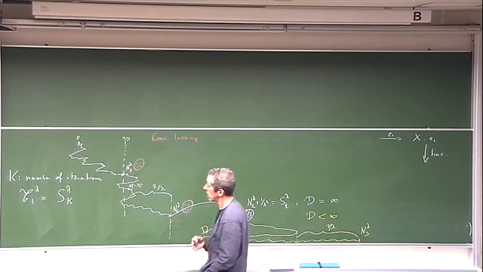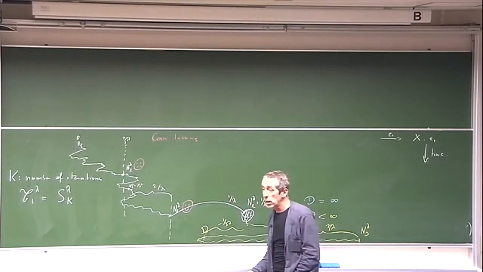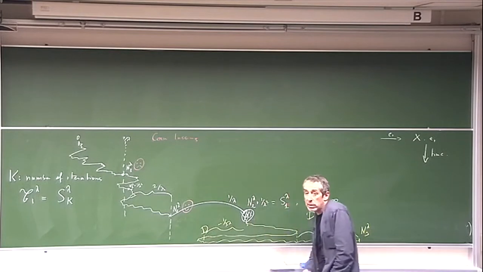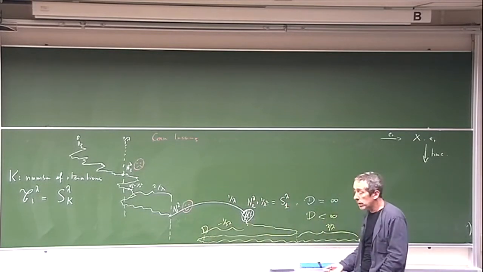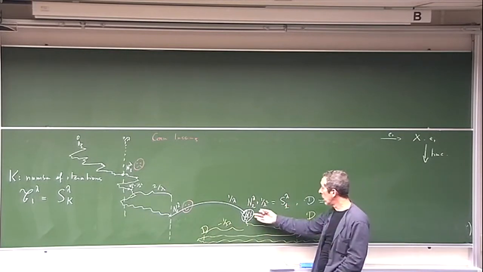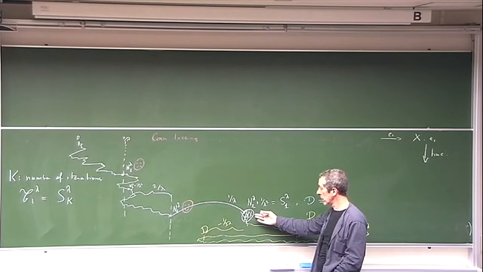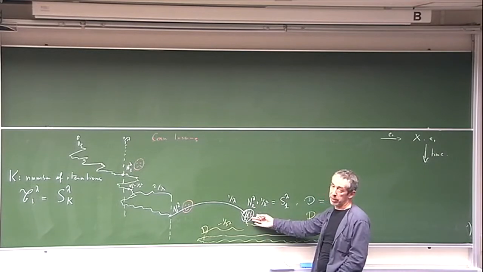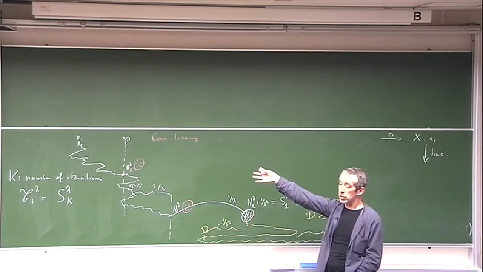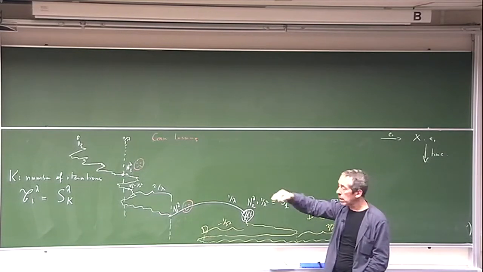And to define the successive regeneration times, you just restart from the previous regeneration time. So once you have achieved that first regeneration time here, for instance, then you restart the trajectory from here, and you just apply the same algorithm again. Okay?